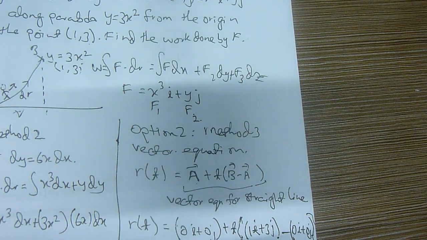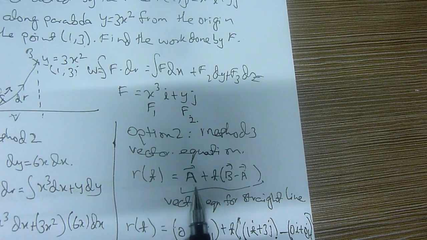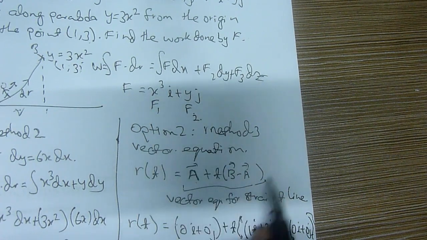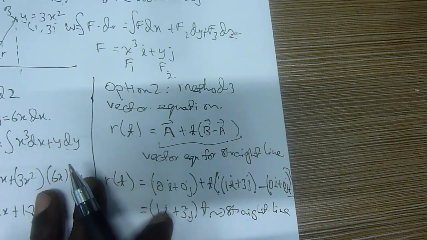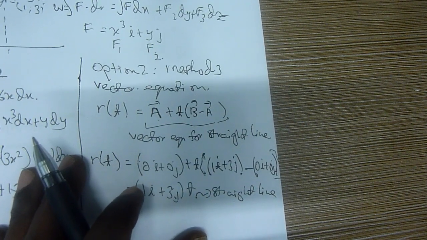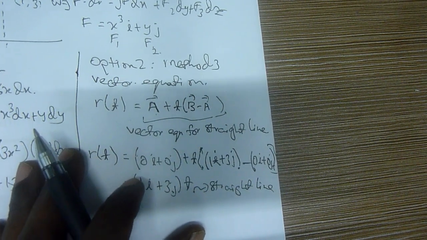If you refer to my notes, in my tutorial, if I'm not wrong, I may be able to show you this. If you refer to the vector equation for the straight line, you will get this equation anyway. But as I already told you, if you're not happy with this equation at this moment, you can ignore it, no problem.